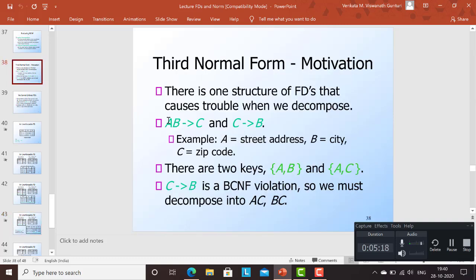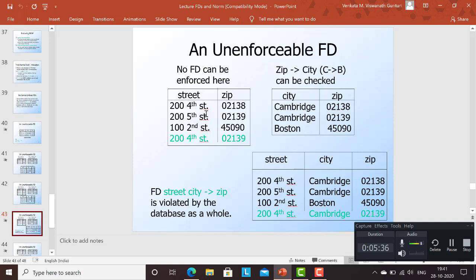You have two FDs over A, B, C: AB implies C, and C implies B. So this is a BCNF violation. You do the decomposition, and suddenly you realize that this FD cannot be enforced, right? And if an FD cannot be enforced at the decomposed level, then you are enabling troubled data to get into your database system, data which does not follow your business logic constraints.